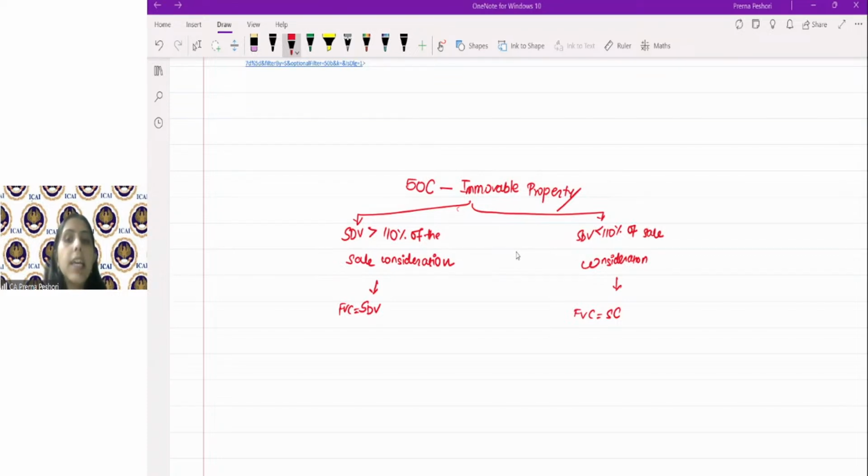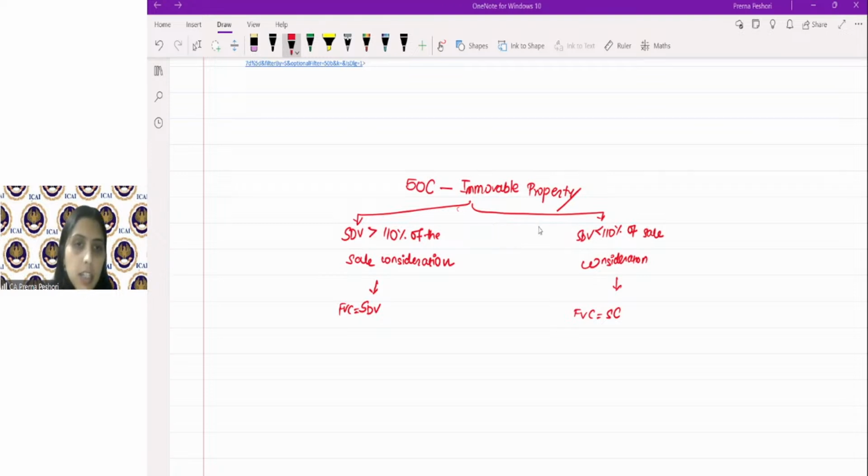Now, in case the stamp duty value exceeds 110% of the consideration received, then for the stamp duty value, we have to decide whether to take it on the date of the registration of the agreement or on the date of the transfer. So on which particular date will we consider the stamp duty valuation?